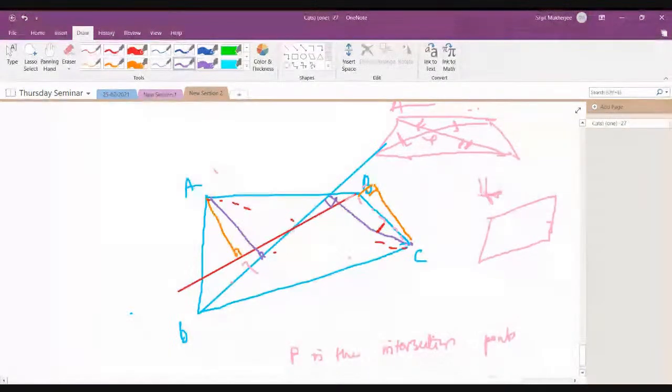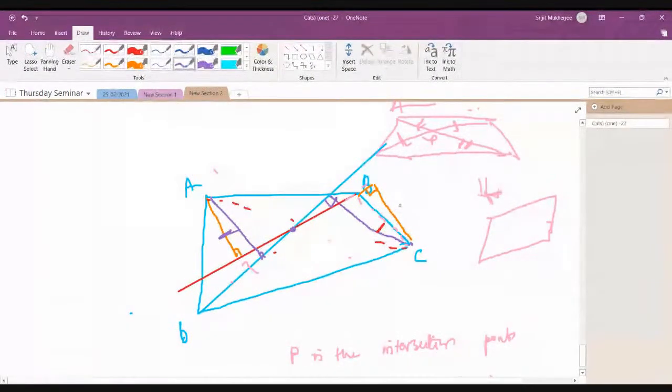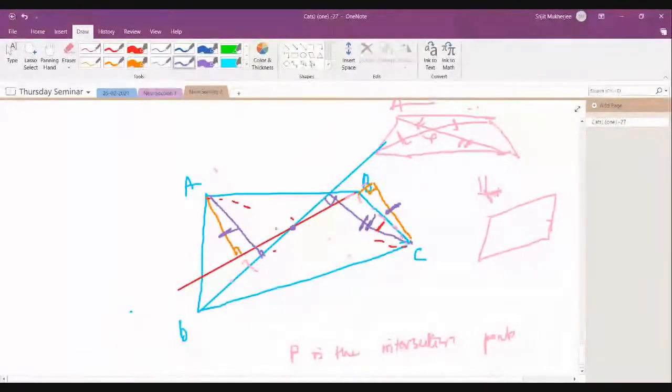We just need to prove that somehow this cannot happen always. We have this equal to this, and we have this equal to this. Can it happen? That's the idea. Can it happen? Just give me a minute, let me think.